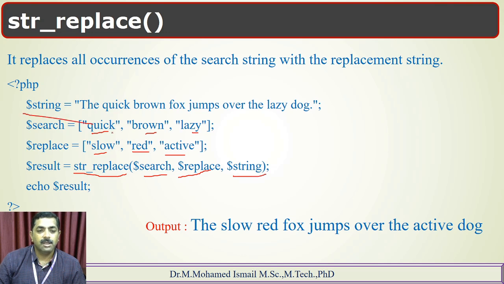So in the given string, instead of quick, the output will be slow, instead of brown, red, and the fox jumps over the, instead of lazy, active will be printed here. So I am searching some strings and they will be replaced. For that, the string replace function is used.